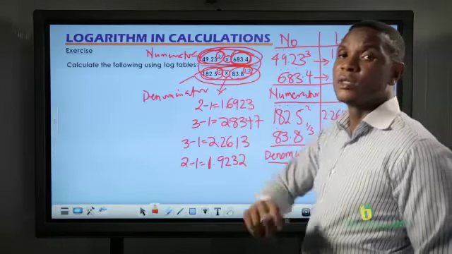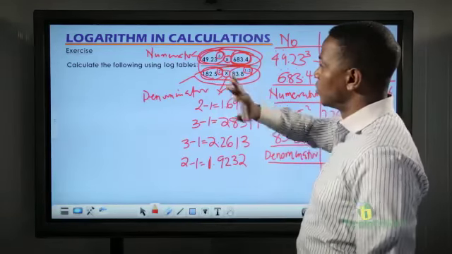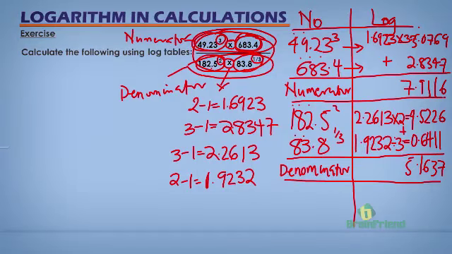If we take a closer look at our original question, we will see that our numerator here is divided by our denominator. It therefore implies that by the laws of indices, the quotient law of indices to be exact, whatever value we have as our log number here will subtract the value that we have as the log number of our denominator.